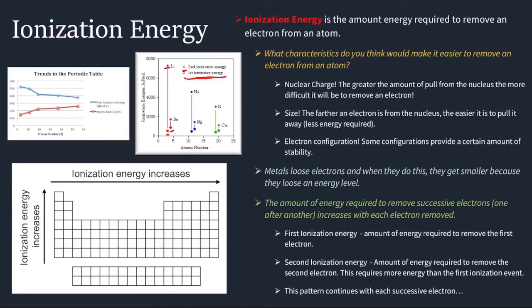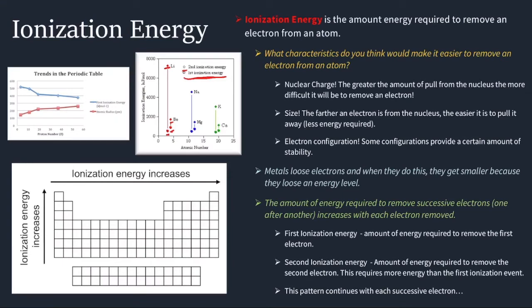With beryllium, you can see that it takes a certain amount of energy to remove beryllium's first electron from the valence shell, but beryllium, remember, has two valence electrons, and so they're both in that valence shell. So it does take more energy to remove the second electron from beryllium, but not quite as much because it's in that same valence shell as the first electron was.